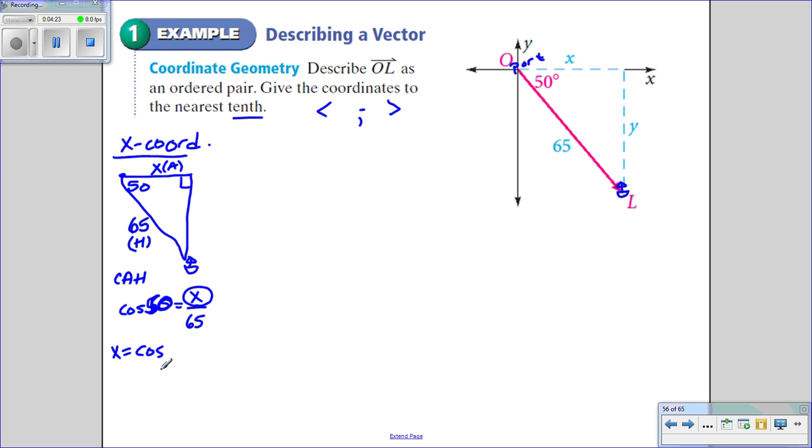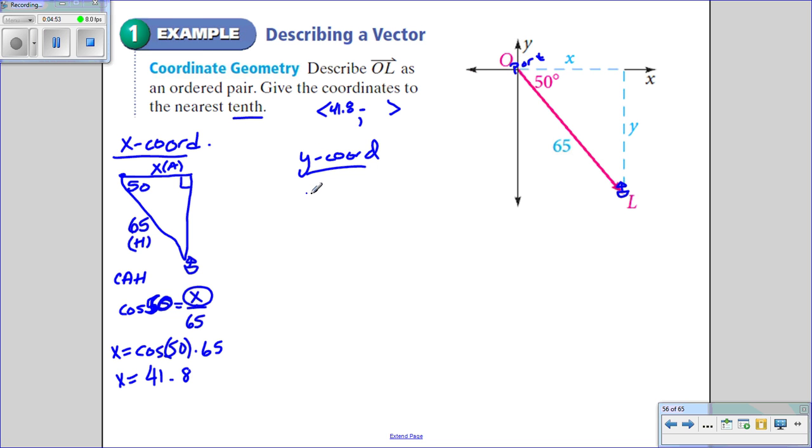Cosine 50 times 65. Let me calculate that out. We get our x-coordinate is 41.78. So that's 41.8.